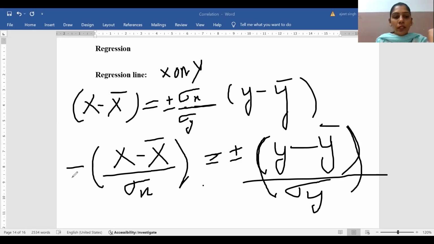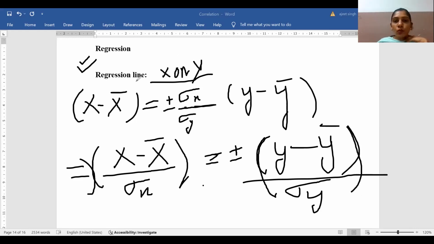So this will be the equation of x on y, and the equation of y on x is y minus y bar divided by standard deviation of y is equal to plus or minus x minus x bar upon standard deviation of x. So this is the regression line.